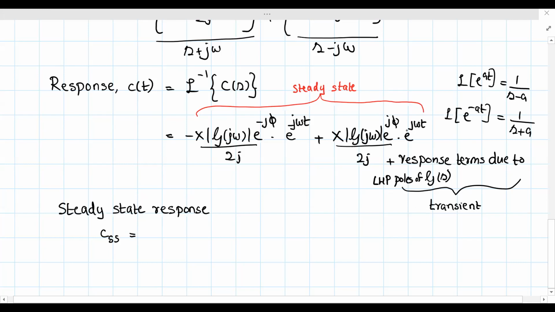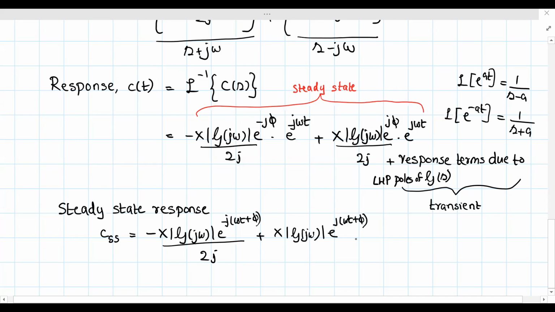We are left with only these two terms: minus X into mod G(j omega) into e raised to minus j (omega t plus phi) divided by 2j, plus X into mod G(j omega) into e raised to j (omega t plus phi) divided by 2j.